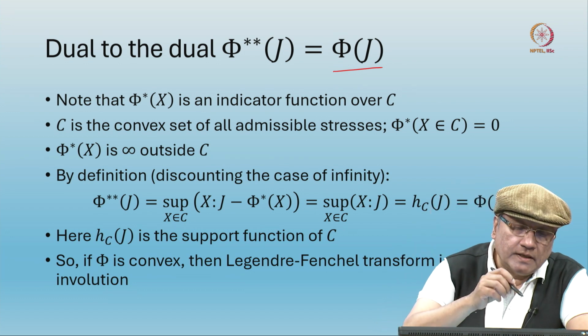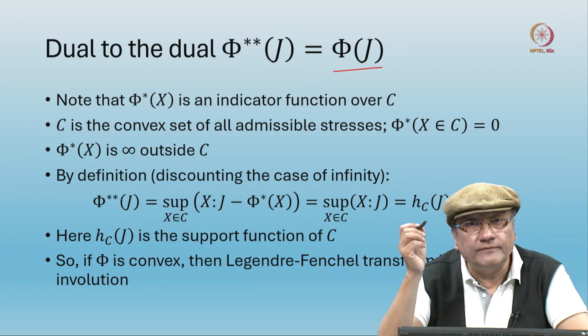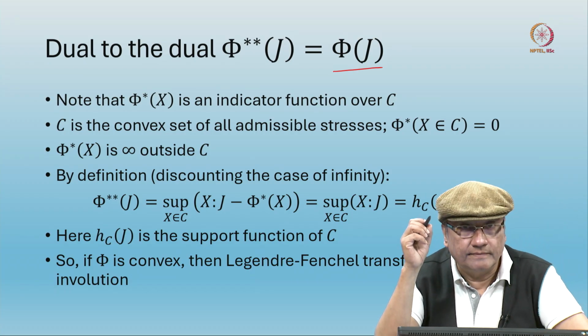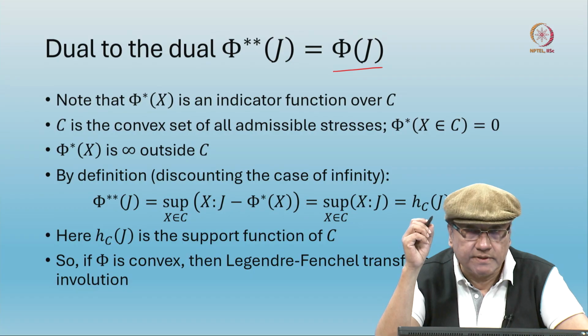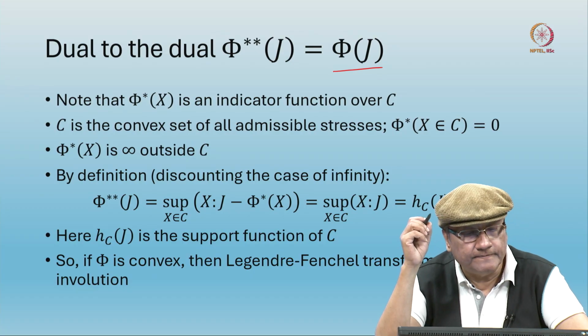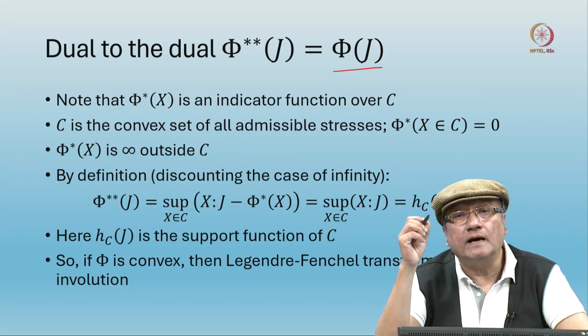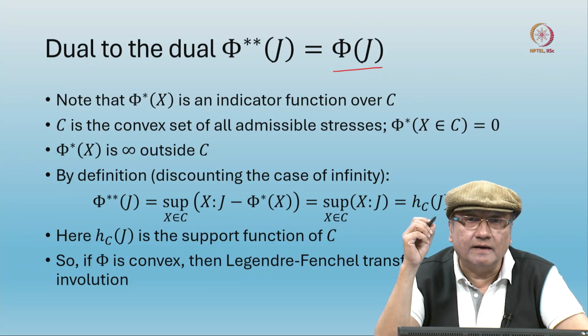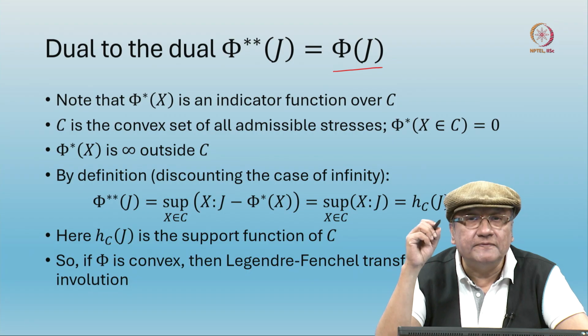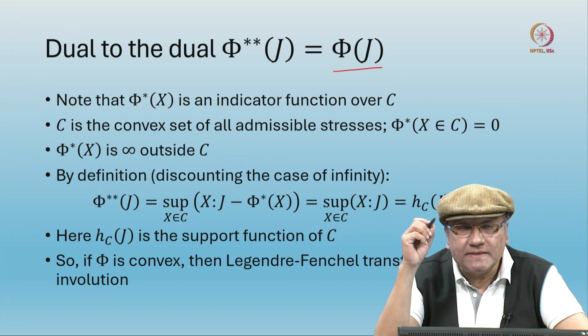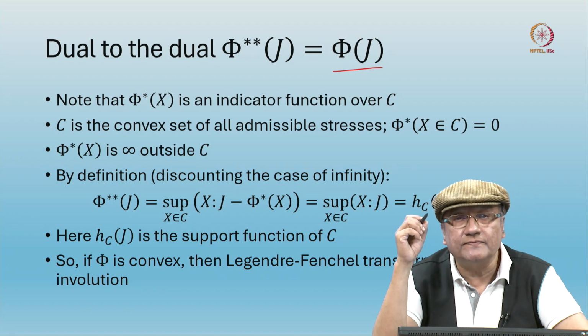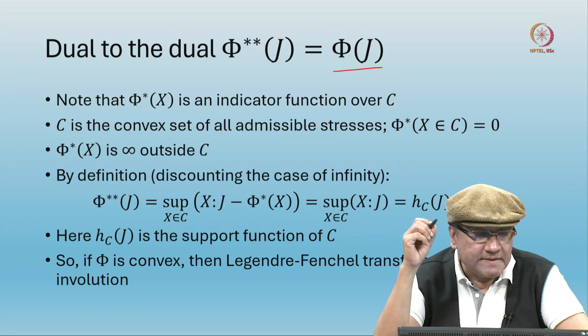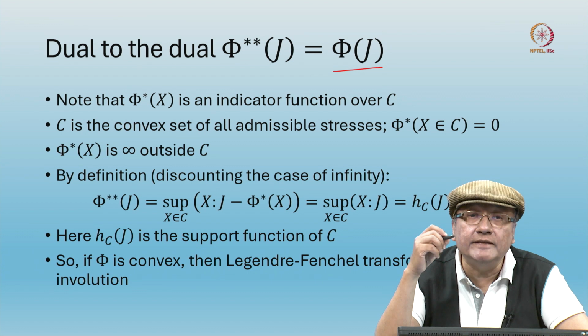Then we basically found also phi star, which is the dual to the dissipation functional phi j. What about phi star star? It turns out that phi star star becomes the same as phi. So, in this sense, the Legendre-Fenchel transform acts like an involution.